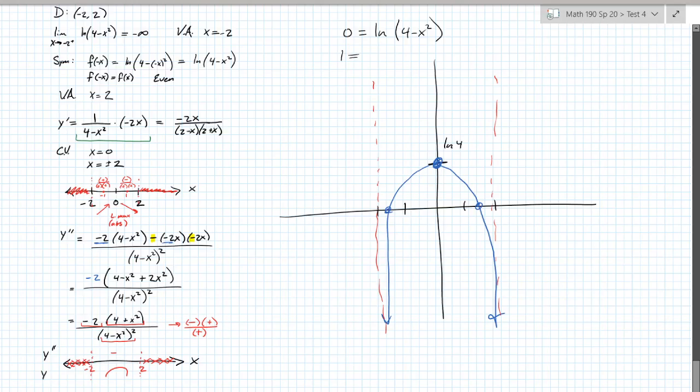We would have 1 is equal to 4 minus x squared, and rearranging, x squared is equal to 3, so these values are plus or minus the square root of 3. And as we know, plus or minus square root of 3 are a little bit closer to 0 than plus or minus the square root of 4, which would be 2. So those zeros make sense with our picture. And we have everything to make our graph.